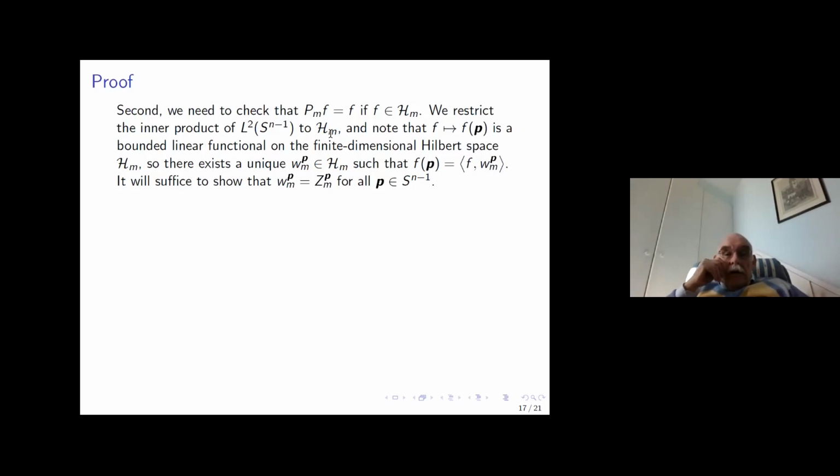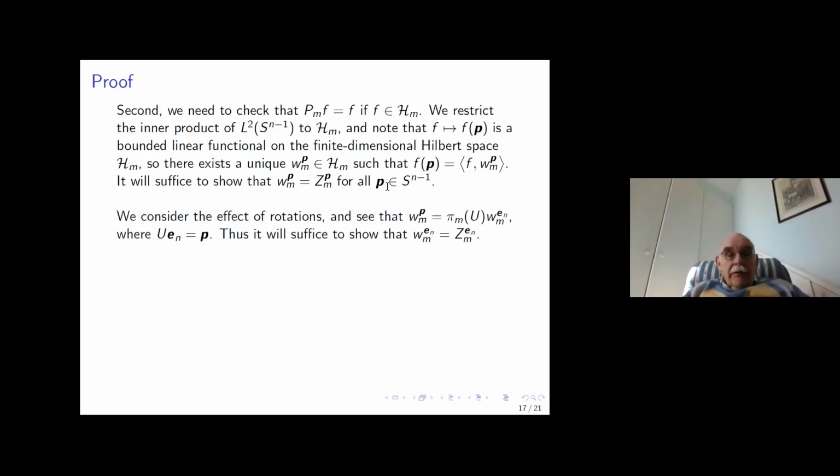Now, the Riesz representation theorem tells us that there is an element of this Hilbert space, so that f(p) is equal to the inner product of f with W_m^p. And it's enough to check that W_m^p is equal to Z_m^p for all p, because that then tells me what I want. So first of all, we consider the effect of rotations, and we can see that W_m at p is what happens when you take W_m at e_n and rotate it around.